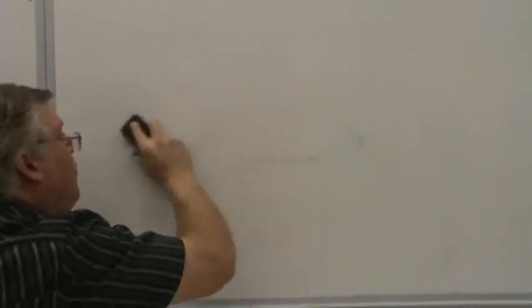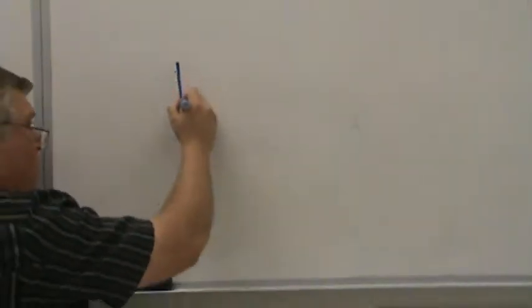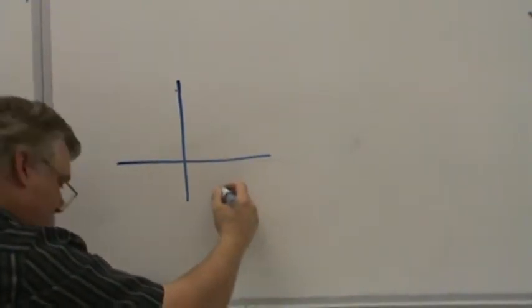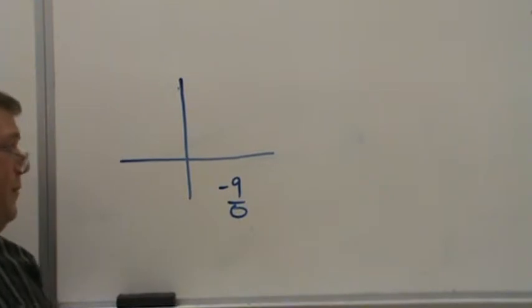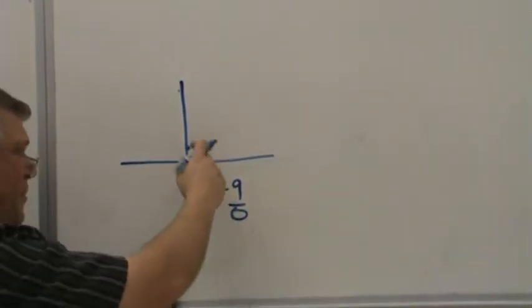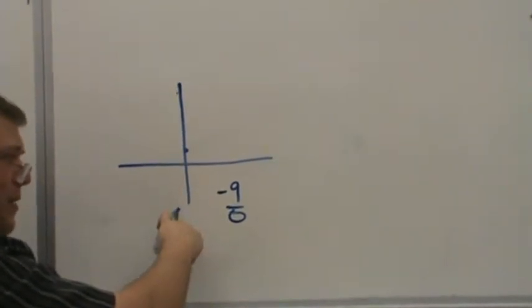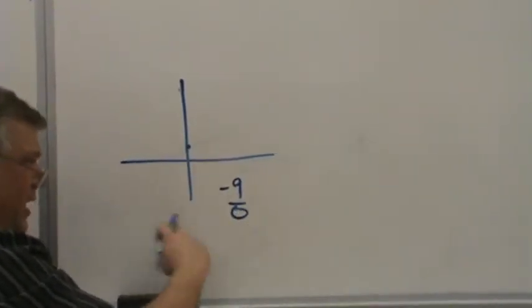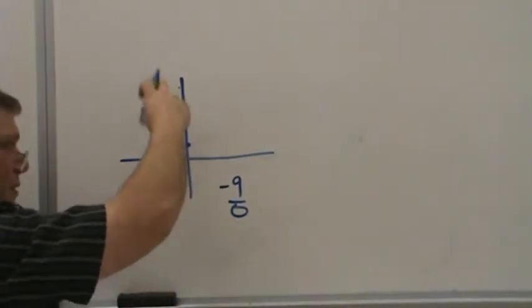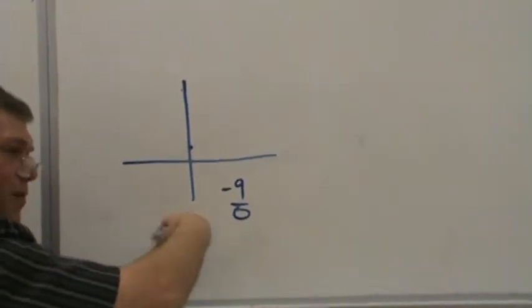Now, let's say I have my negative 9 over 0 slope. Well, if I'm starting off at this point, my change in y is going to be negative 9, so I would be going down, but then I wouldn't go to the left or right any at all. So my rise keeps going up and down, but my run is nothing.